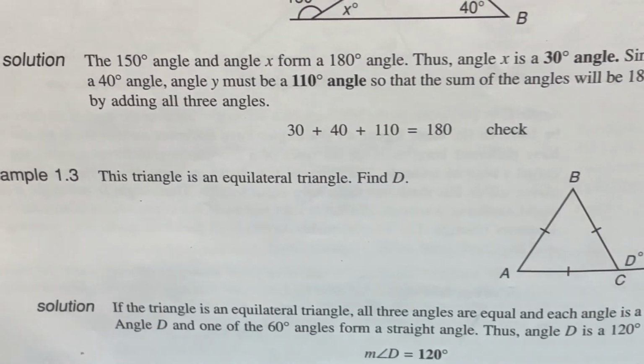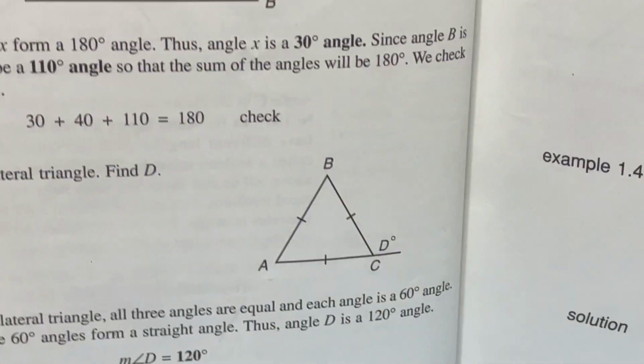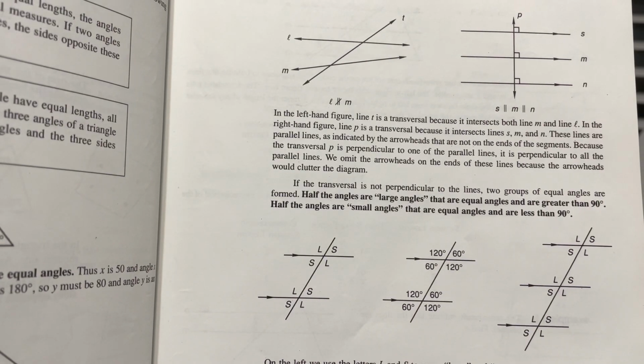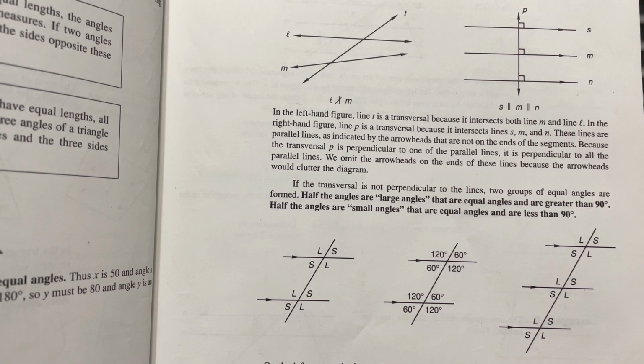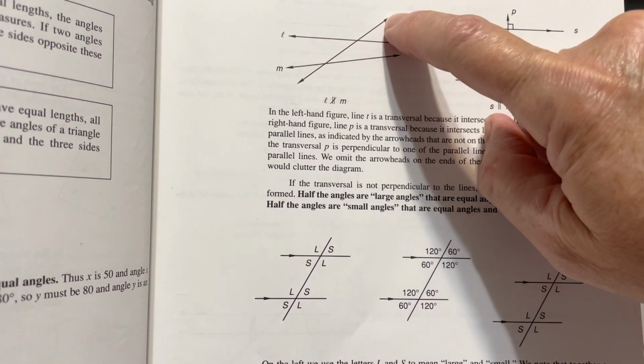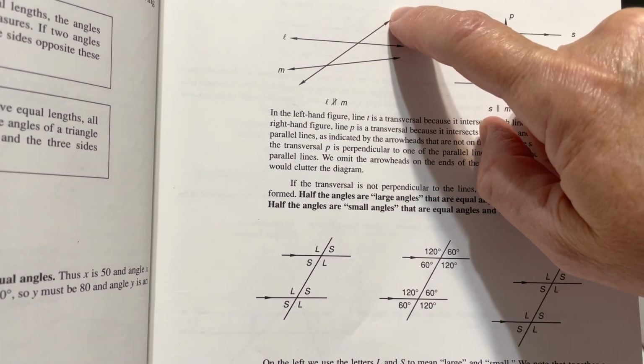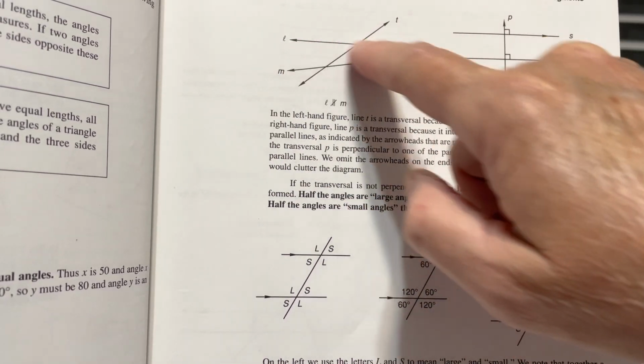So now we're going to move to 1C, transversals. Now I think transversals are particularly interesting and a lot of fun to work with. A transversal is simply a line that crosses two or more other lines.